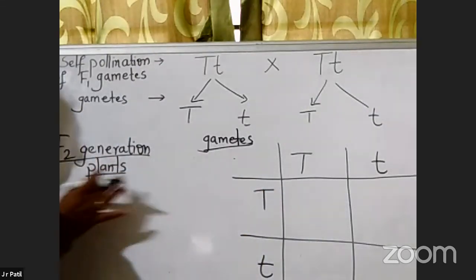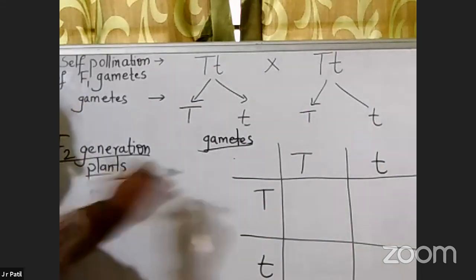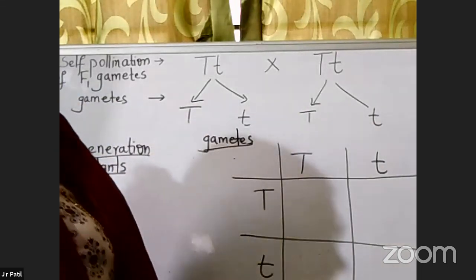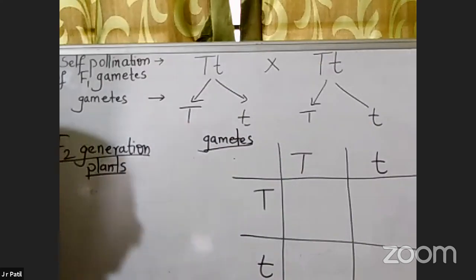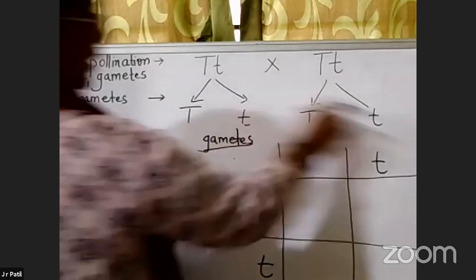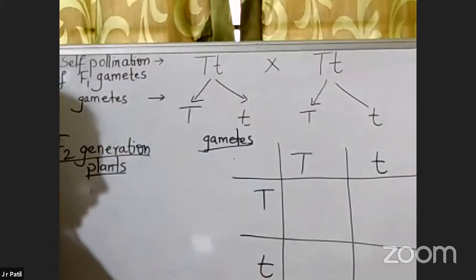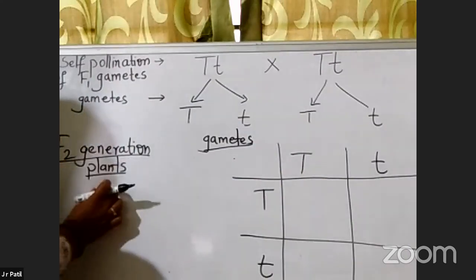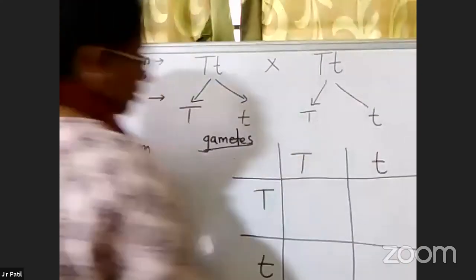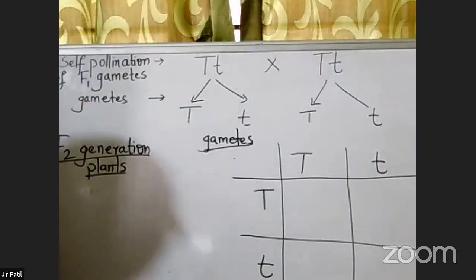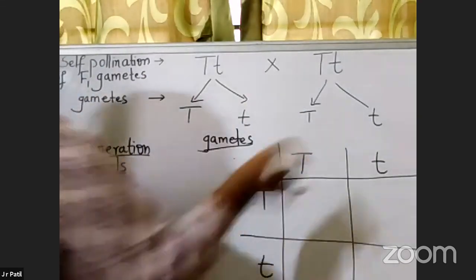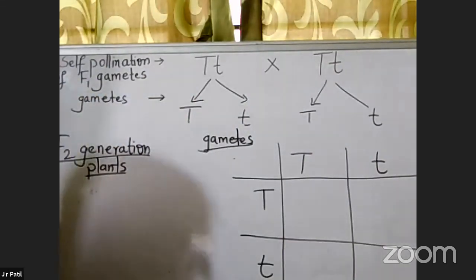Now we are finding what kinds of plants come in the F2 generation, how many tall and how many dwarf, using this checkerboard. Every time for F2 generation plants we will find out using this checkerboard. Multiply like we do in mathematics.